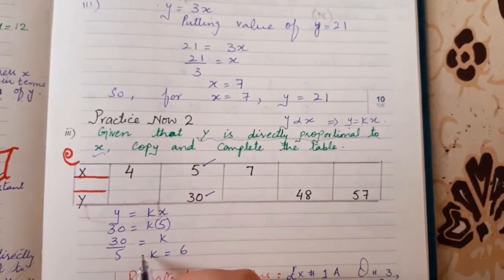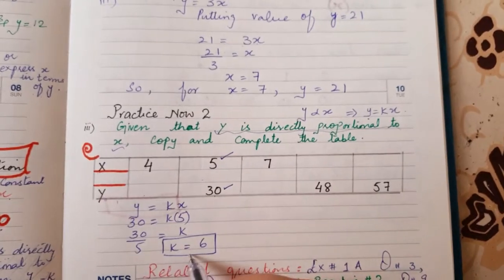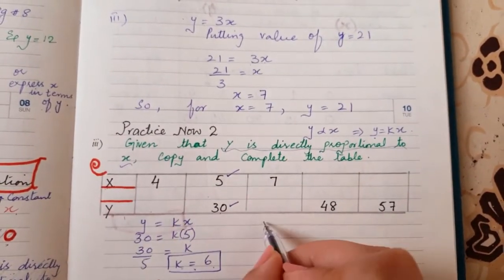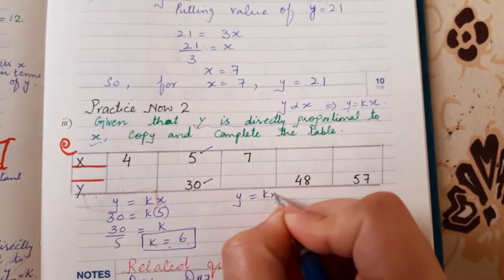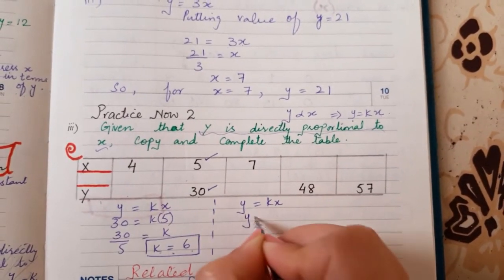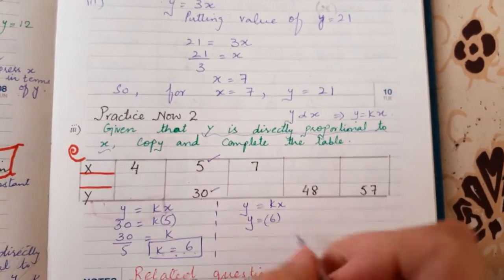Now by using this value of k, you can find the other values. I'll take the value of k, which is equal to 6. What is the value of x? 4. We are going to take this equation, y is equal to kx. Y is equal to, put the value of k which is 6. What will be the value of x? 4.